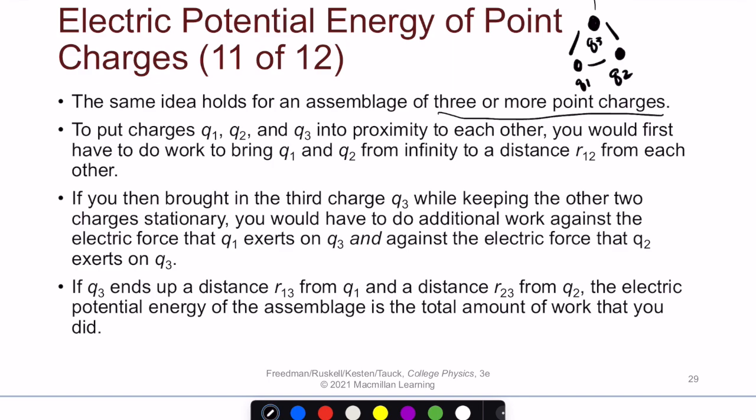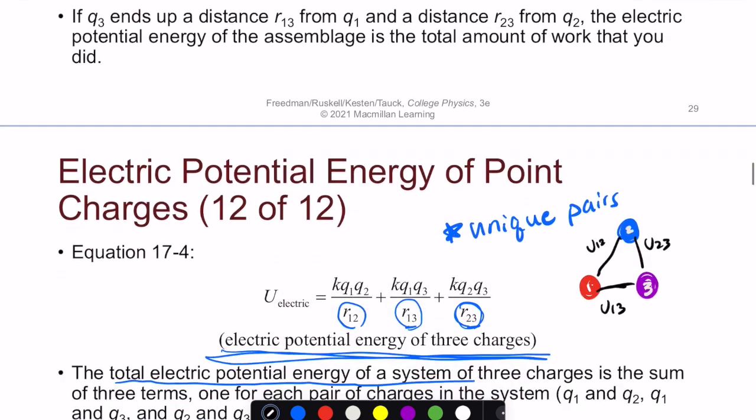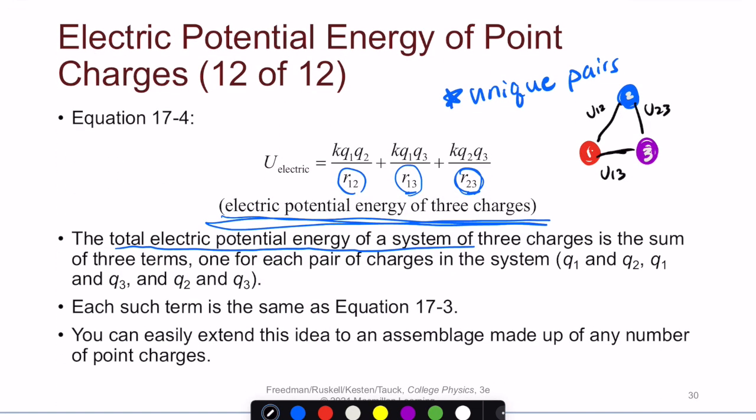And it's nice and easy because you can simply add these energies together, right? So we would add the energy of 1, 2 to the energy of 1, 3 to the energy of 2, 3. And we would get the total potential of the system. So it's not too bad at all. And that's what this equation illustrates. So we're adding the potential energy between unique pairs.